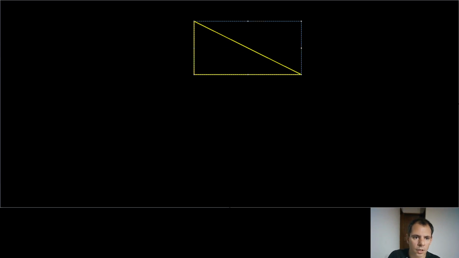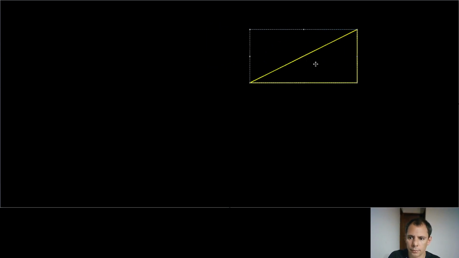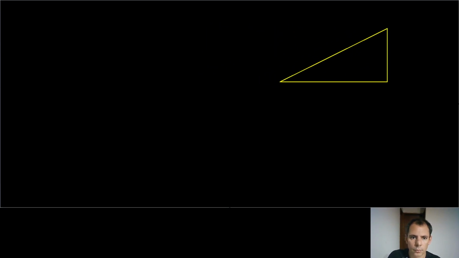Now I'm going to draw a right triangle here. And actually I want to flip it. Yeah, like that. I'm going to leave it here. Okay. So letter A. Y equals arc sine of x.